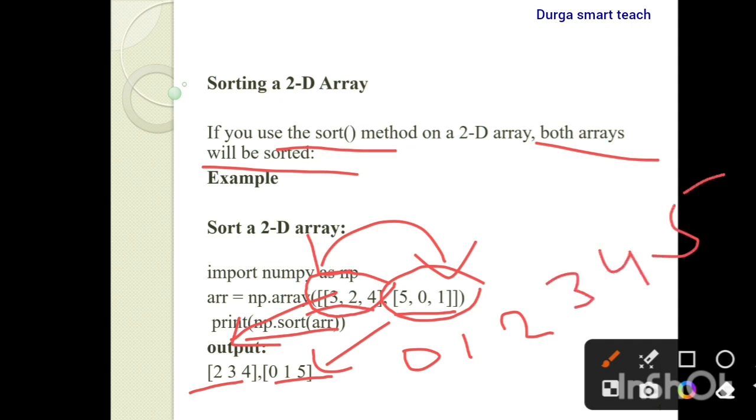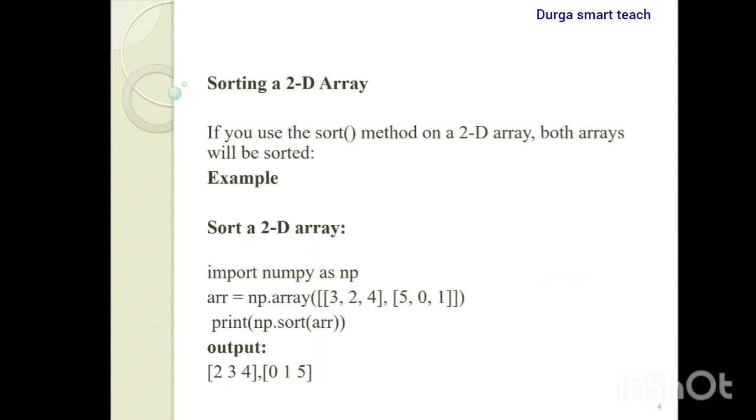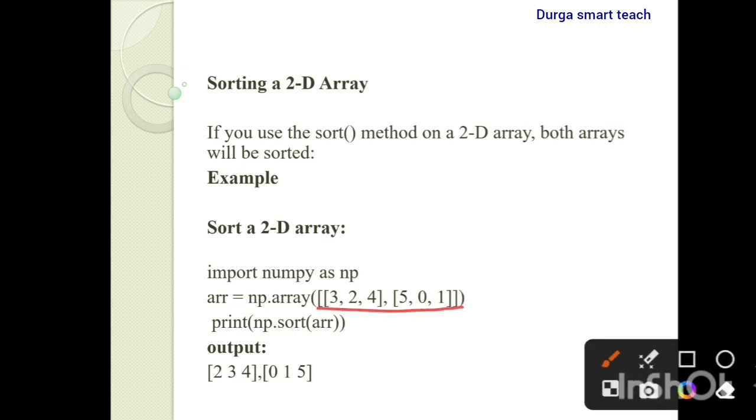This will not happen, because the array elements are sorted for both arrays separately. In this way you can sort. Here I sorted the integer values, and you can sort string values or boolean values like this.